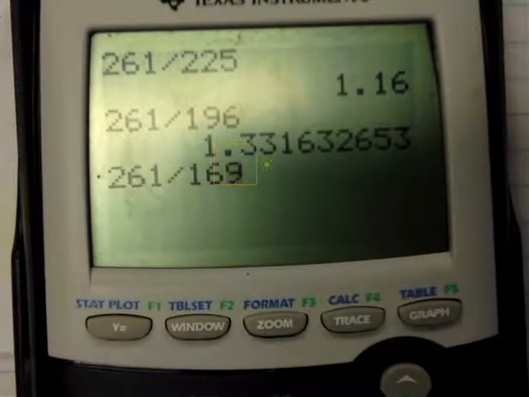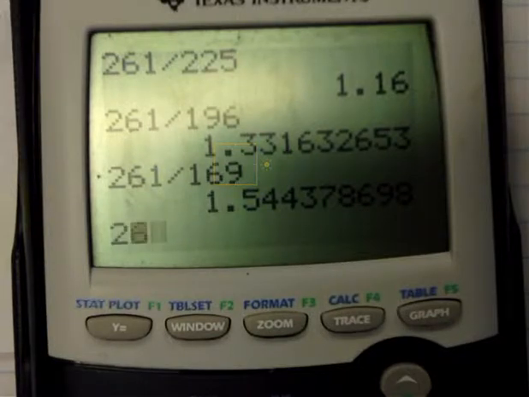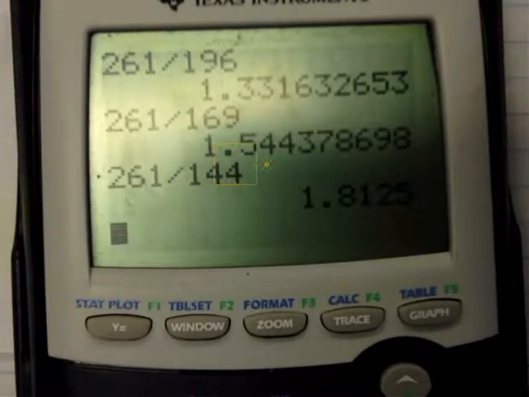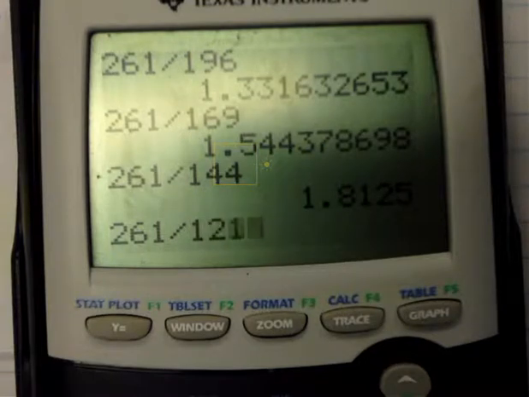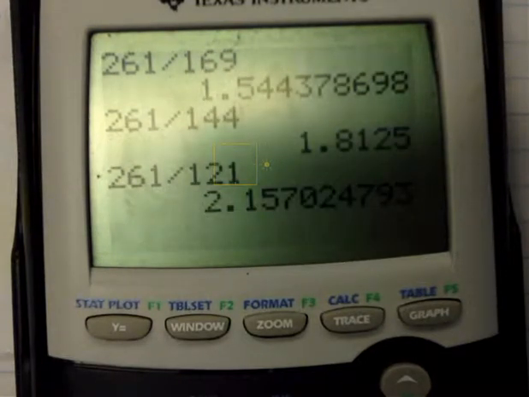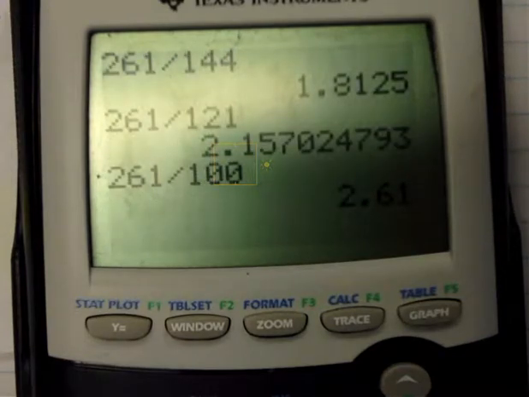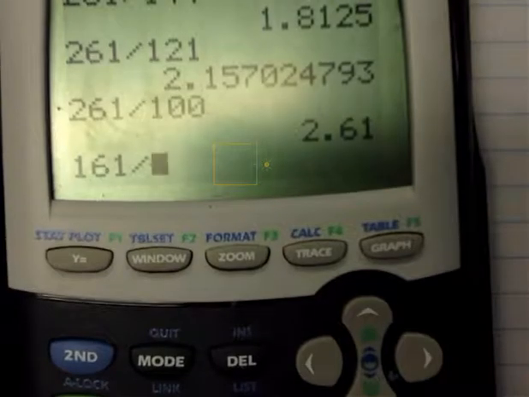13 squared. 261 divided by 12 squared. 261 divided by 11 squared. 10 squared. 9 squared.